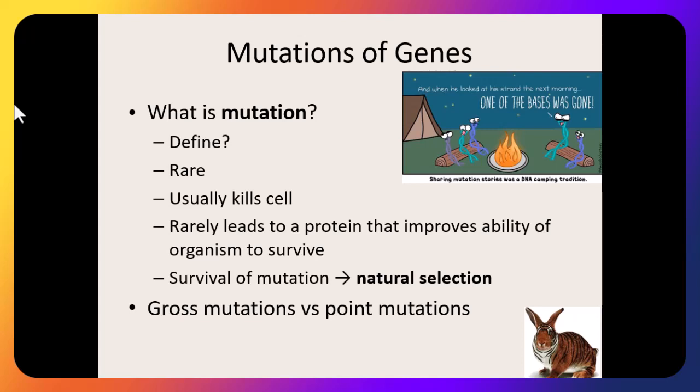Examples, if this bunny is not supposed to have stripes, but depending where this bunny lives, maybe having stripes is an advantage. It can blend in with grasses better. And it survives over all of its friend bunnies. They all die, they all get eaten, but it survives and passes on its genes. Natural selection. Rare that mutations code for good things. Now, a gross mutation means gross means large, a large change in DNA.